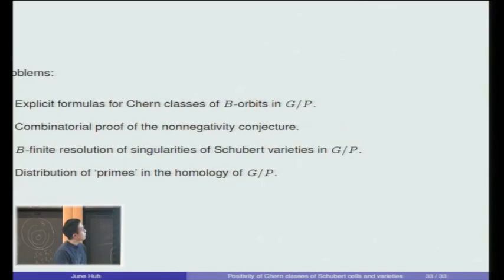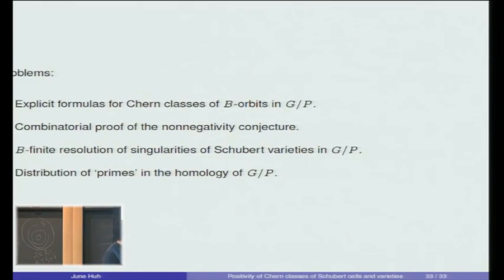And the fourth one, which I think is the most interesting, but a little bit distant from the main flow here. I have told you that if you look at this Chern class, the element in the homology group of the Grassmannian, I said that it's the class of a reduced and irreducible subvariety, and not just a linear combination of such things.